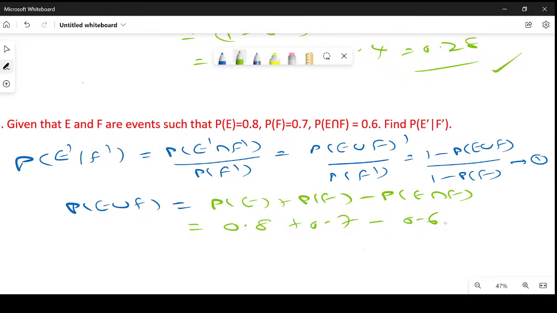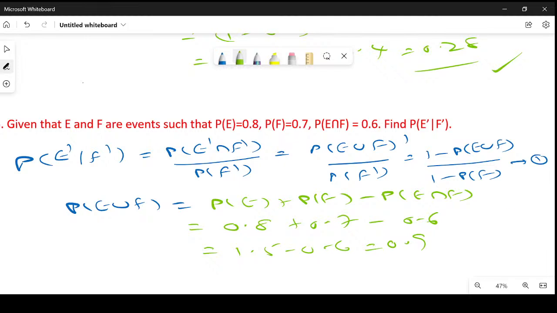So 1.5 minus 0.6, and if you find this value, it comes to 0.9. That is P of E union F.